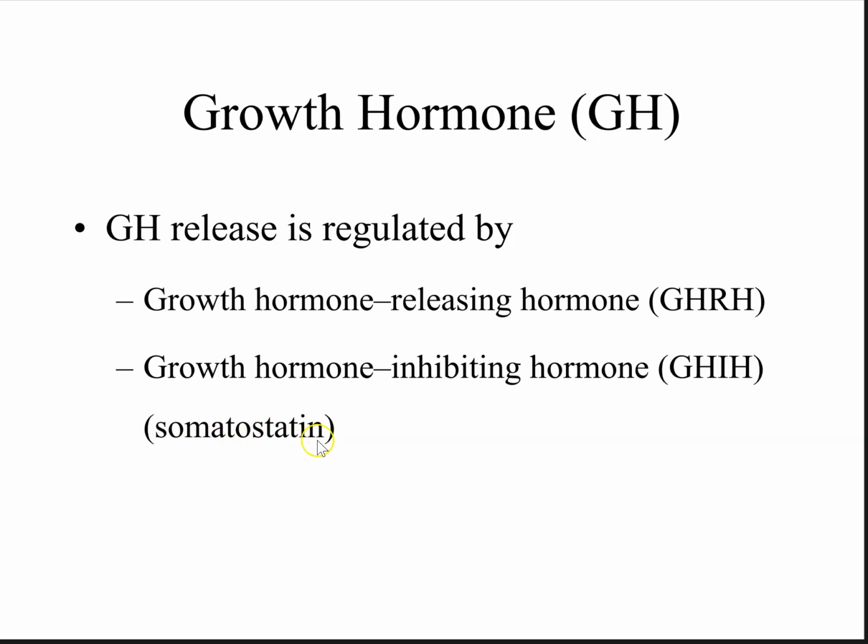Somatostatin has the word stat in it, so this is an inhibiting hormone, and it reduces the effects of growth hormone. Somatostatin acts upon the anterior pituitary and tells it to stop secreting growth hormone.